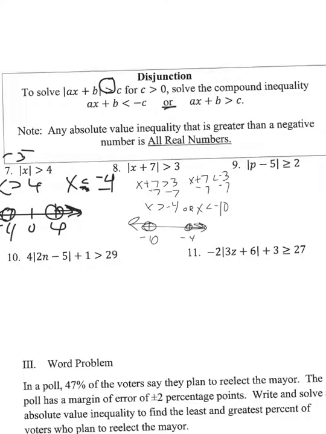Because these are all similar to the conjunction ones, I am just going to fill these out. You can take the time and fill out 9, 10, and 11. We're not really going to talk about the word problem for this one. We're not going to worry about that just yet. So I'll fill out 9, 10, and 11, and you can check your work for it.